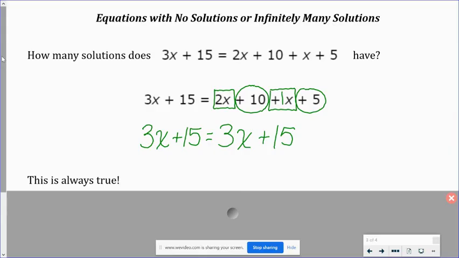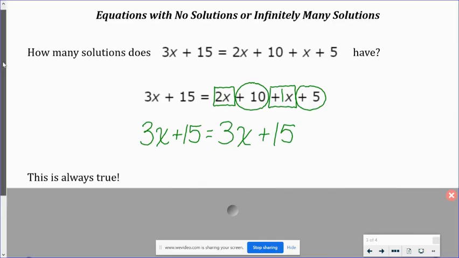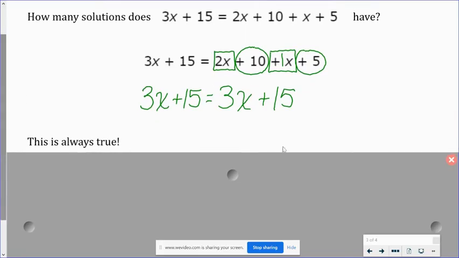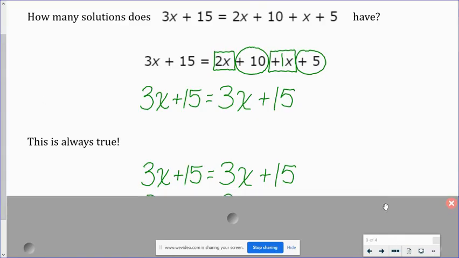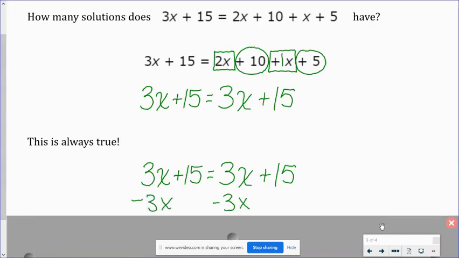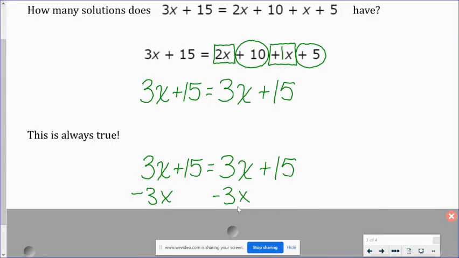Let's collect our like terms, or move all of our letters onto the left and all of our numbers onto the right. To undo 3x, which you can also think of as a positive 3x, we're going to take 3x away. And whatever we do to one side, we do to the other. And now the x's are eliminated from both sides of the equation.